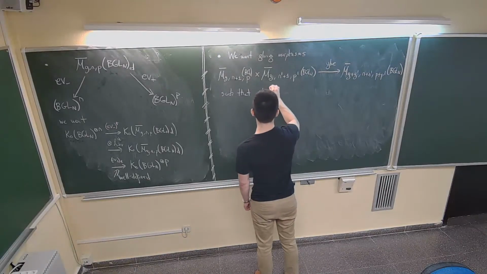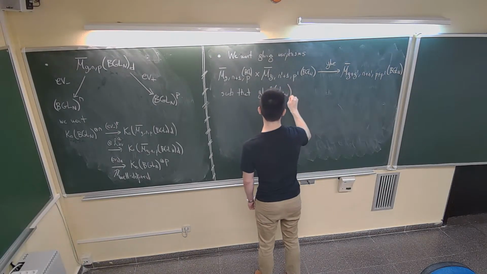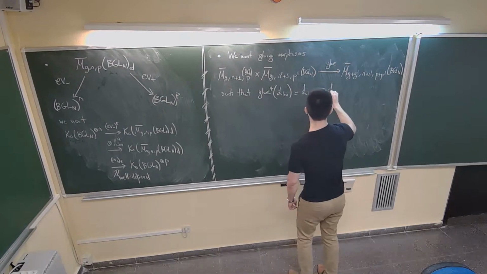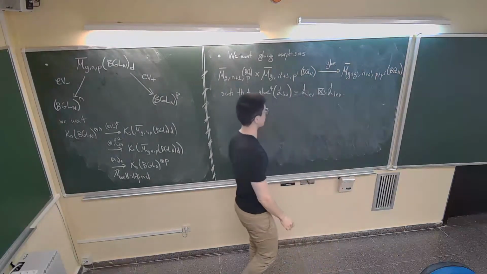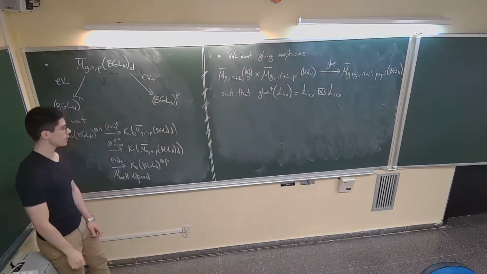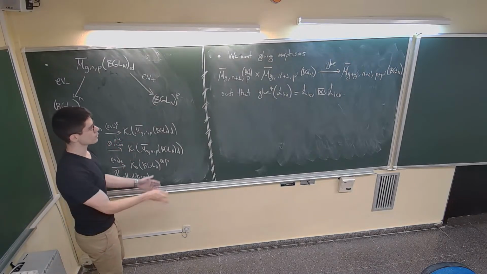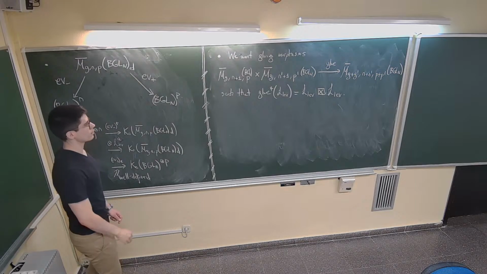So it behaves well with respect to the gluing morphism. So if I take the level line bundle, this is just a box tensor. So I want this class that I'm using to be compatible.